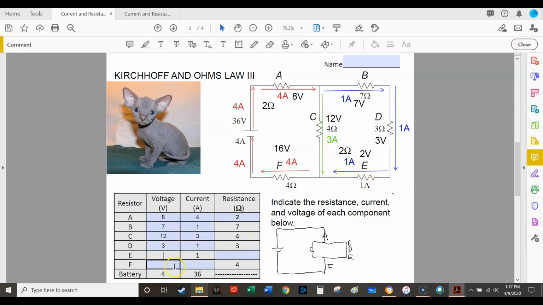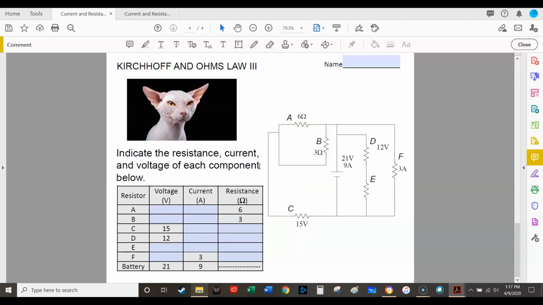E is going to be 2 volts, 2 ohms, and finally F is going to be 16 volts, 4 amps, and then 4 ohms. And there you go. That is this puzzle that was in Kirchhoff and Ohm's Law 3.